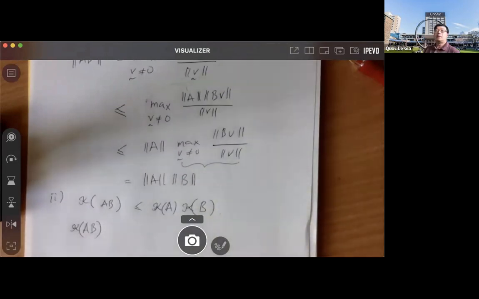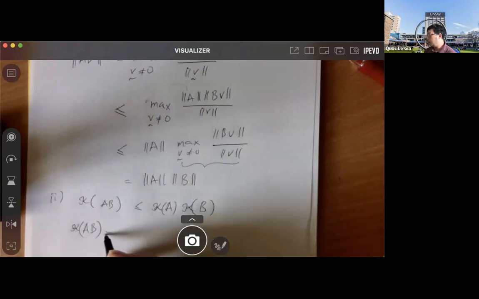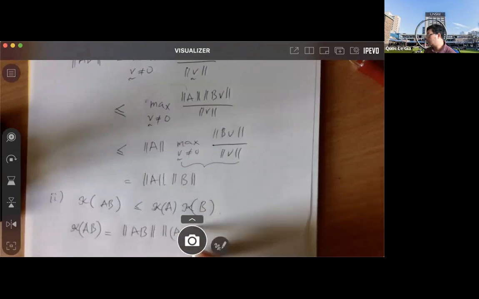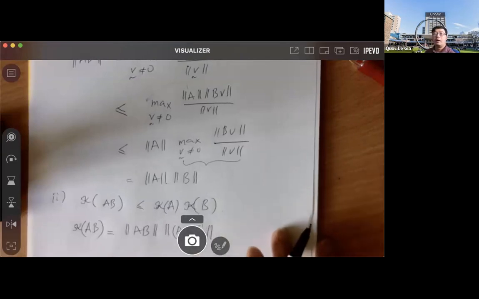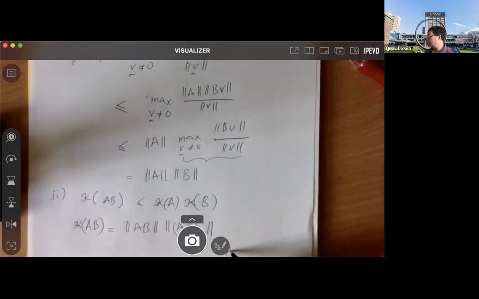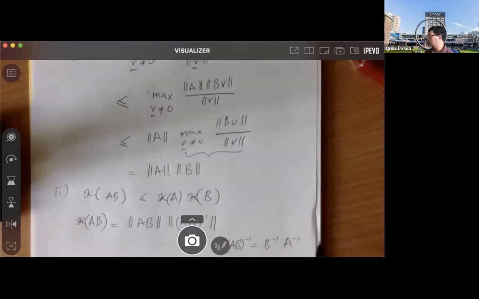Now the condition number of AB is the norm of AB times the norm of the inverse of AB. Here we have to assume that A inverse and B inverse exist, otherwise you cannot take this. And remember, in linear algebra, if you take the inverse of a product, it becomes the inverse of the second matrix times the inverse of the first matrix. This is just from linear algebra.